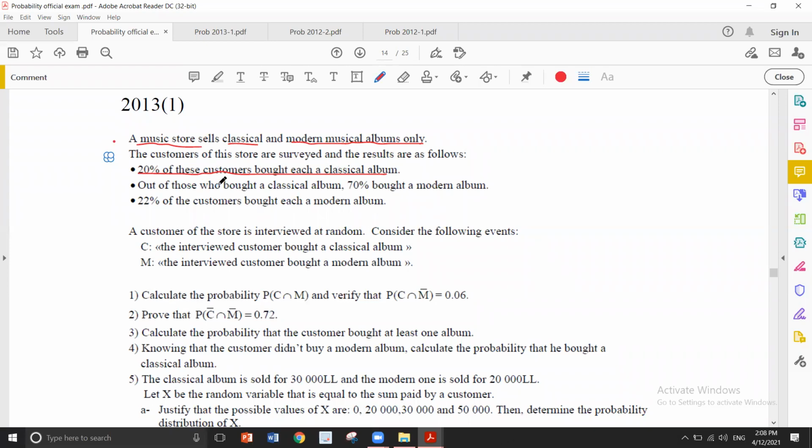Out of those who bought a classical album, 70% bought a modern album. 22% of the customers bought a modern album.